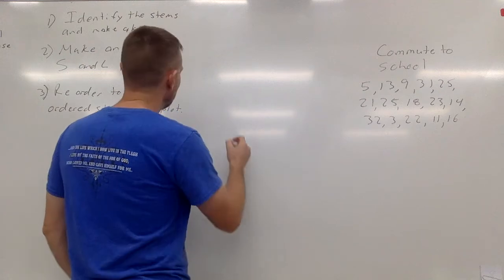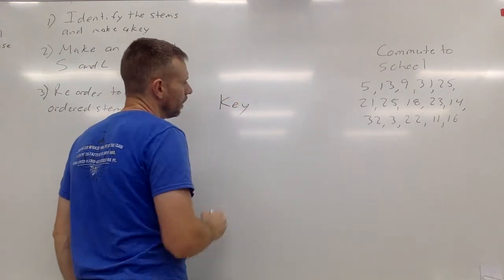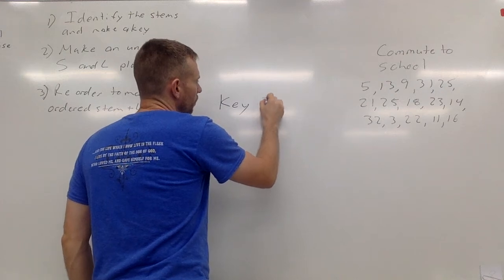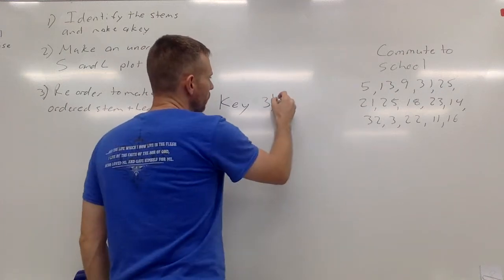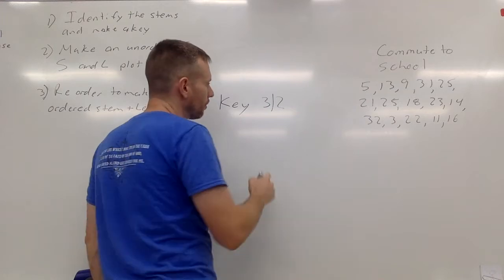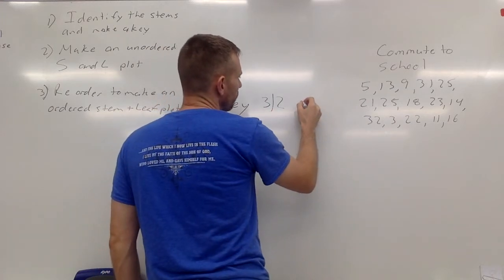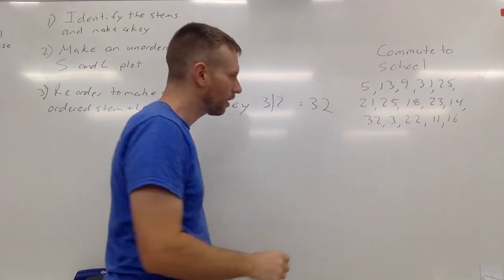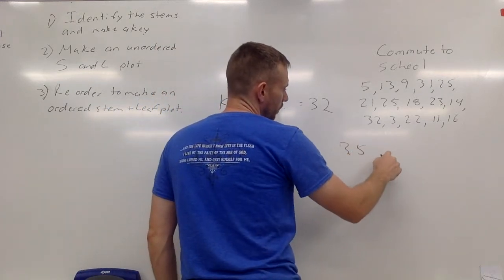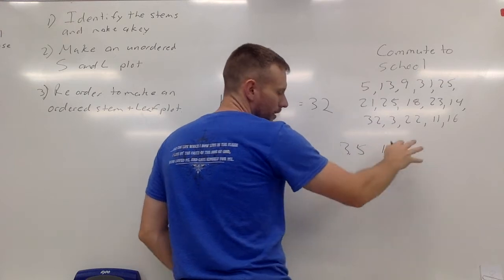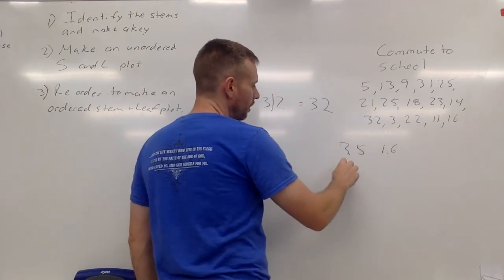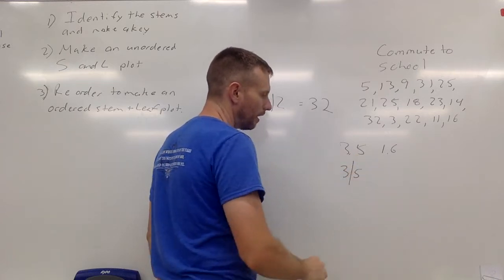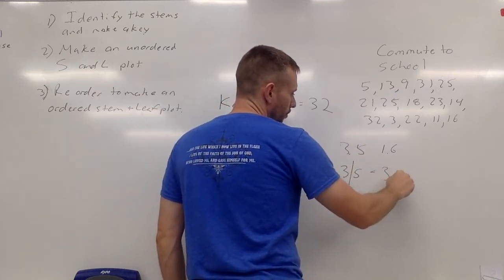And so one thing that we need to do is make a key, okay? If my stem is the tens place and my leaves are the ones place, then 3 line 2 means 32. Now, if I had data like 3.5 and 1.6 and these kinds of things, then maybe my key would be 3 line 5 represents 3.5.